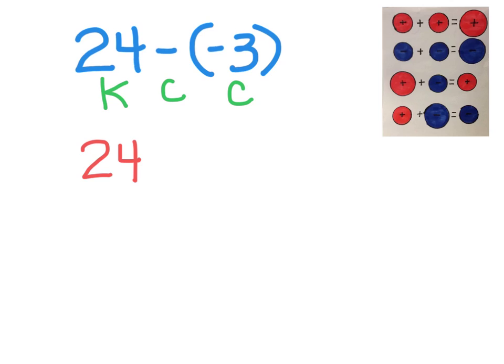I am going to change the subtract sign to be a plus. And then it also says change negative 3, so it's going to turn into a positive 3. Now I'm going to solve the question. I just have simply two positive numbers, 24 plus 3, which would be 27.